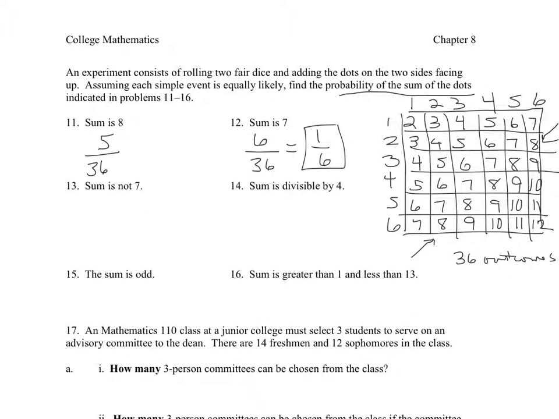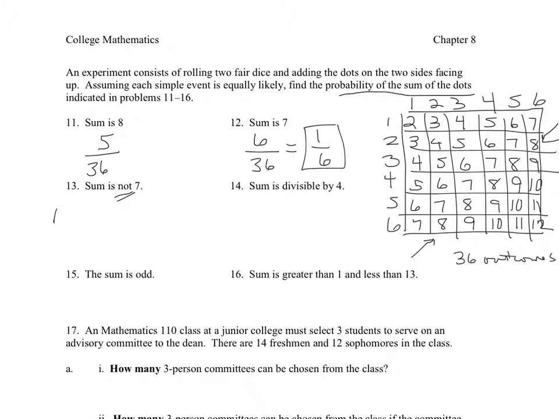Look at 13. It says, what about the probability that the sum is not 7? So what I want to figure out is it can be anything but 7. That means I could go through and I could count all those other numbers, but remember, sometimes the complement is the easiest way to find it.